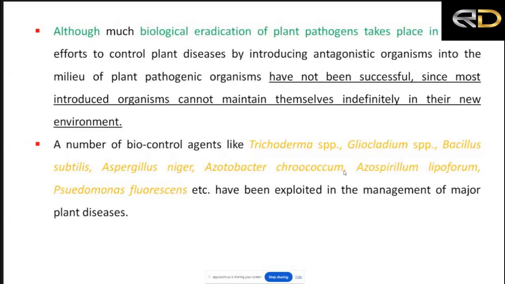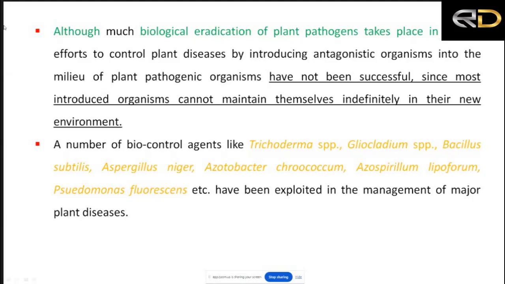But like biofertilizers cannot replace synthetic fertilizer directly, just like that, these biocontrol agents will also not be able to completely wipe out the use of synthetic pesticides. That is not possible, but still they are very much effective.